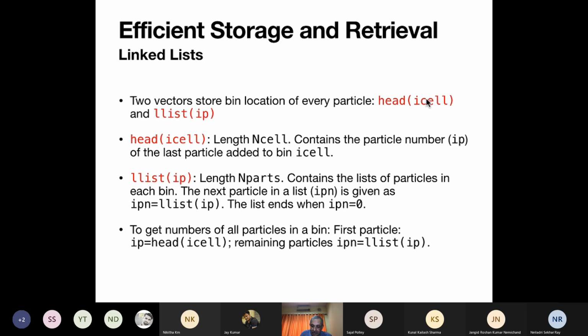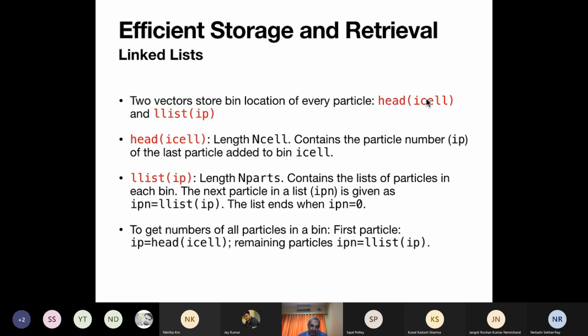And then once you have that, you can use linked lists and put them all in 2 vectors. One is called head and the other is called L list. The head contains the particle number of the last particle that is added to the cell, and L list contains the list of particles in each bin.